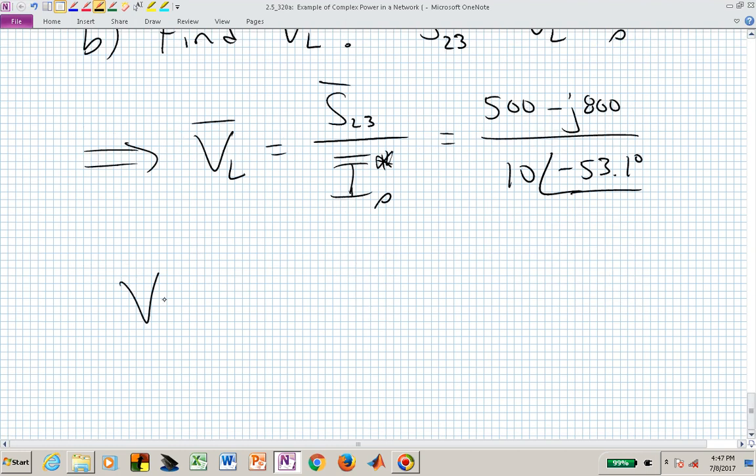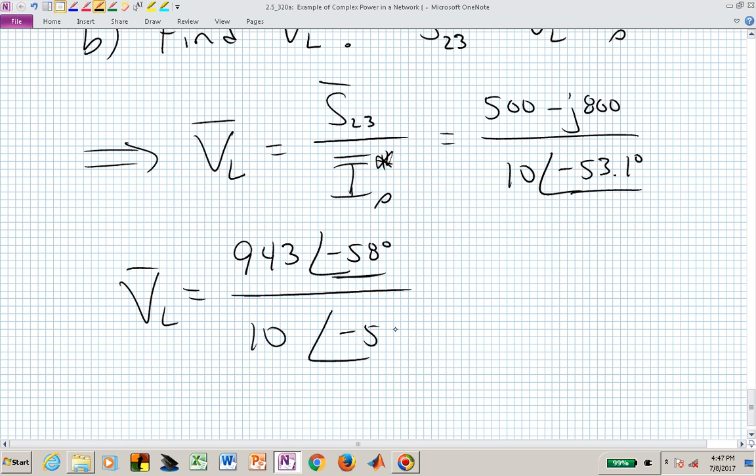And we now have then V sub L is 943 at an angle of minus 58 degrees over 10 at an angle of minus 53 degrees, or we now have 94.3 at an angle of minus 5 degrees. And that's our voltage dropped. And what did we have before?